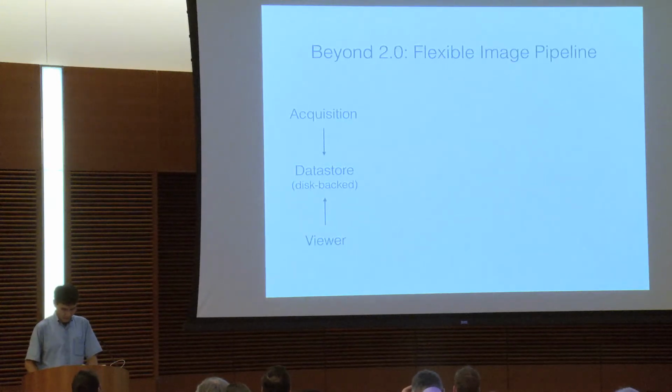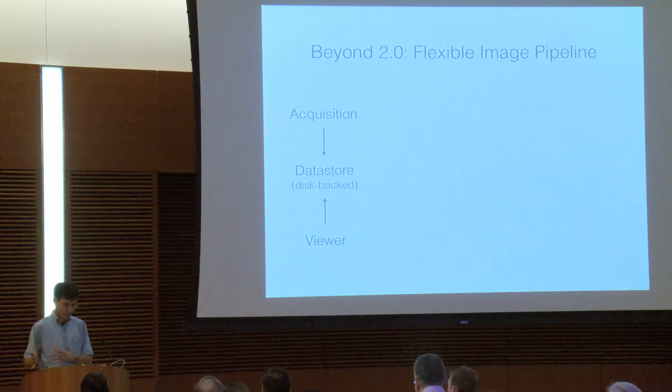And so I said we want to have a flexible image pipeline. So basically how µManager works is that it runs an acquisition which spits out images, and those get placed into what we call a data store that can be either backed by memory or disk. And then we attach a viewer to that so that the user can see the data store. And µManager is really about the flow of images. It's a dynamic process to acquire images. And there are things that are really advantageous to be able to do in that same framework.